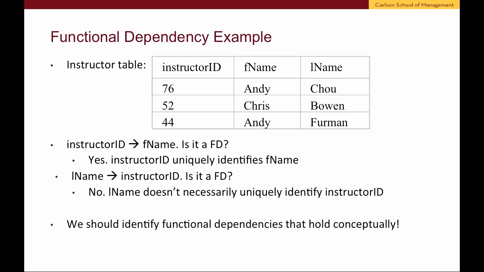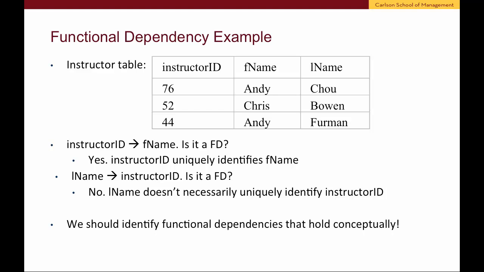And then for last name, does that determine the instructor ID? In this case, no, it is not, because last name doesn't necessarily uniquely identify the instructor ID. So if we had more than one last name in our database, we could not determine the instructor ID given just the last name.